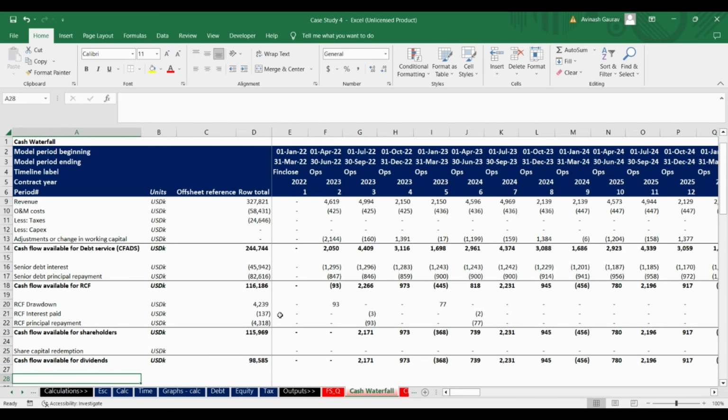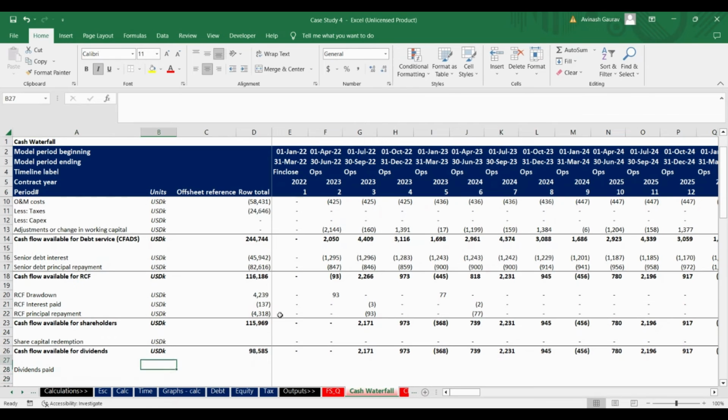Now, you are supposed to pay dividends. Dividends paid. How much dividends have we paid? Again, guys, calculating the dividend payout is not that simple, which we generally think as a starting point. There are certain mechanics involved here.